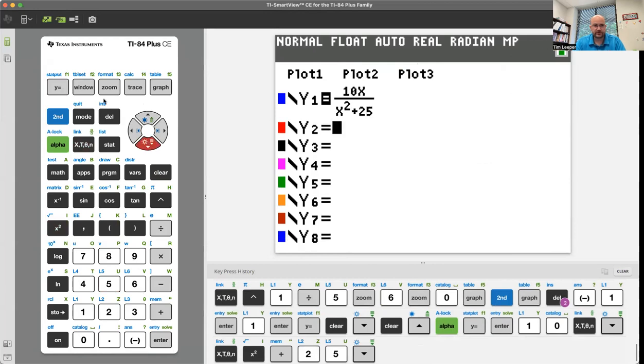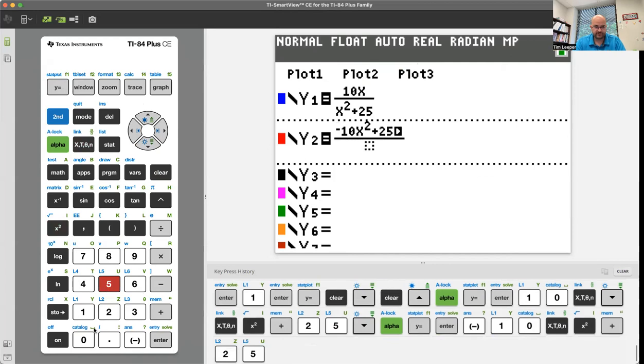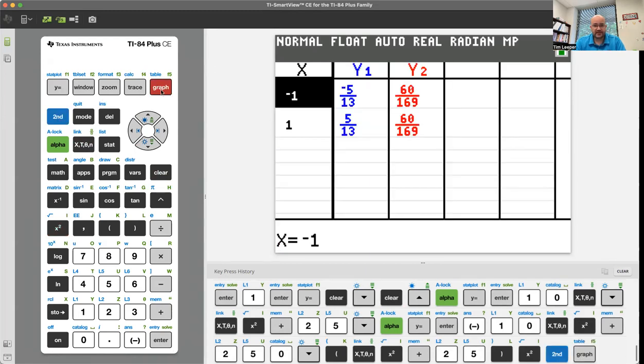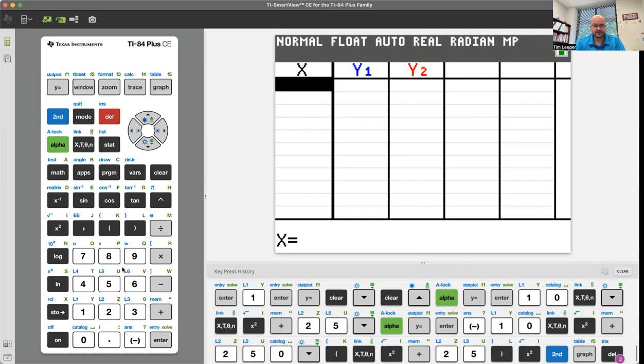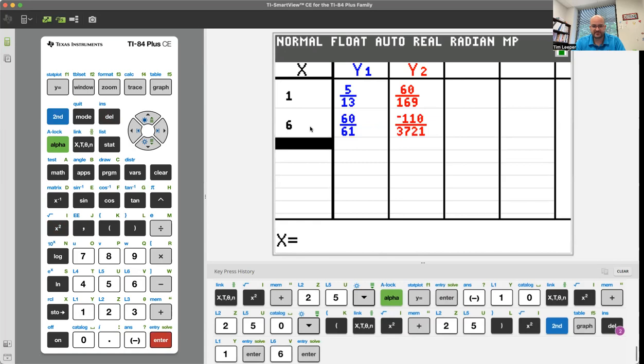On y2, I'm going to type in the derivative, which is negative 10x squared plus 250 over the denominator here, parentheses x squared plus 25 close parentheses squared. Good. Now, if I go to the table and type in these test values, 1 and 6, notice that at 1, it's positive. At 6, it's negative. And there we go.